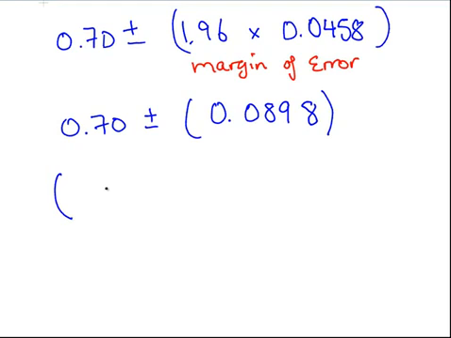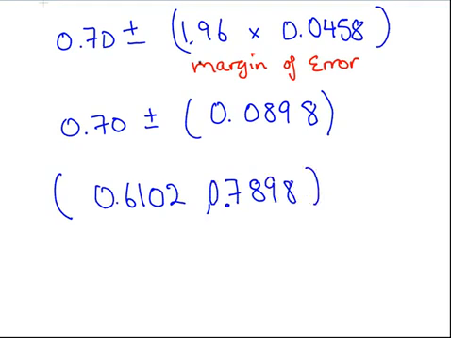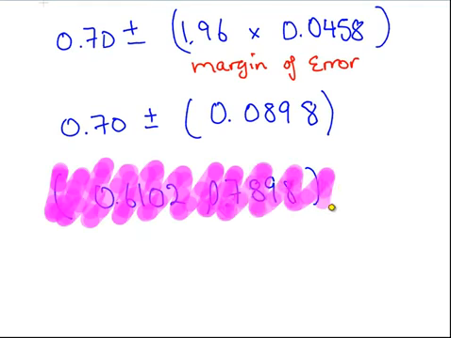The first one is 0.70 minus that term, which gives 0.6102, and the second is 0.7898. So that's the answer there. That is the confidence interval that we're looking for.